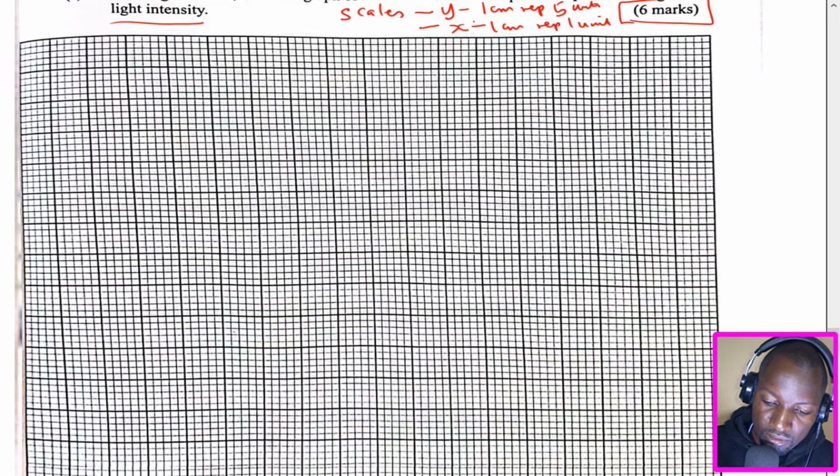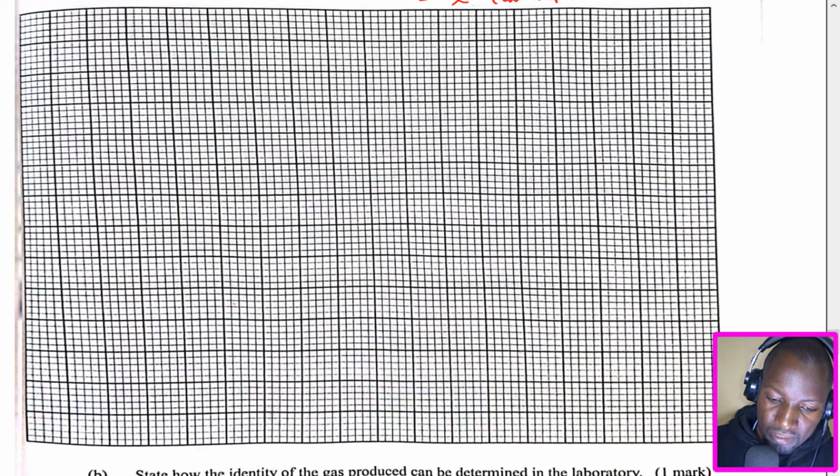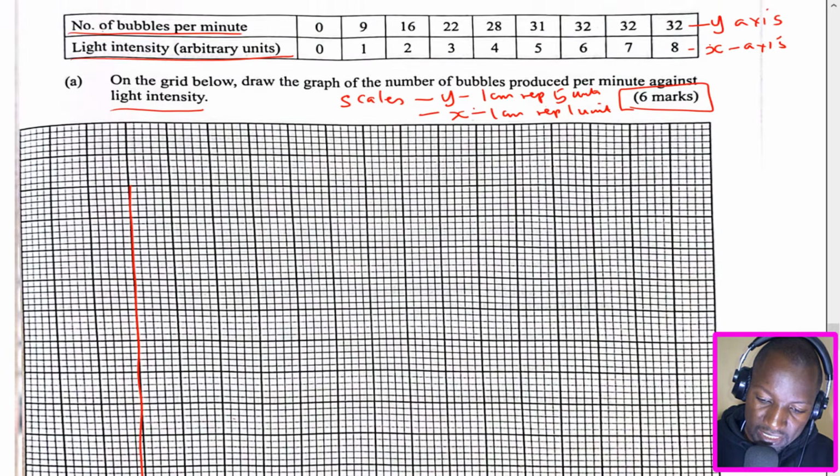Now, let us go to our graph. The first thing is to draw the x-axis. This is my x-axis, and this is my y-axis. Then we label the axis.